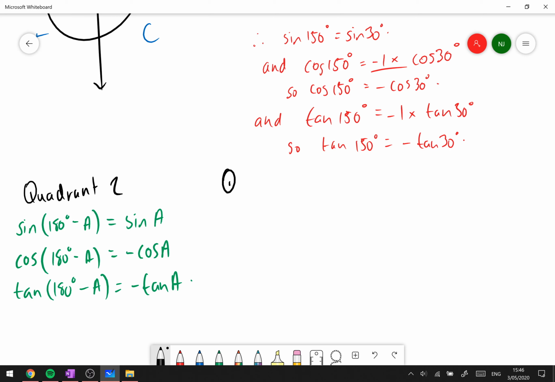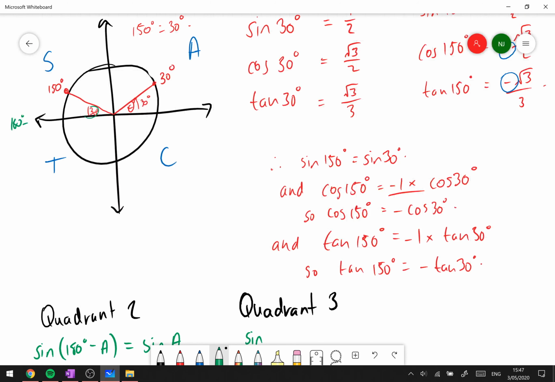Continuing this pattern, our next one we're going to be talking about are the angles down here. So for my 30 degrees down here, I need to take this 180 and add the extra 30 degrees to get to my 210 degrees.